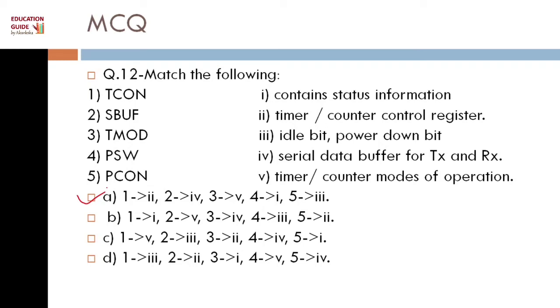The TMOD register is used to set different timers or counters to their appropriate mode, so it tells the user what mode is being used when operating any timer or counter. The program status word PSW contains status bits that reflect the current CPU state. The PCON power control register is used to force the 8051 microcontroller into power saving mode.